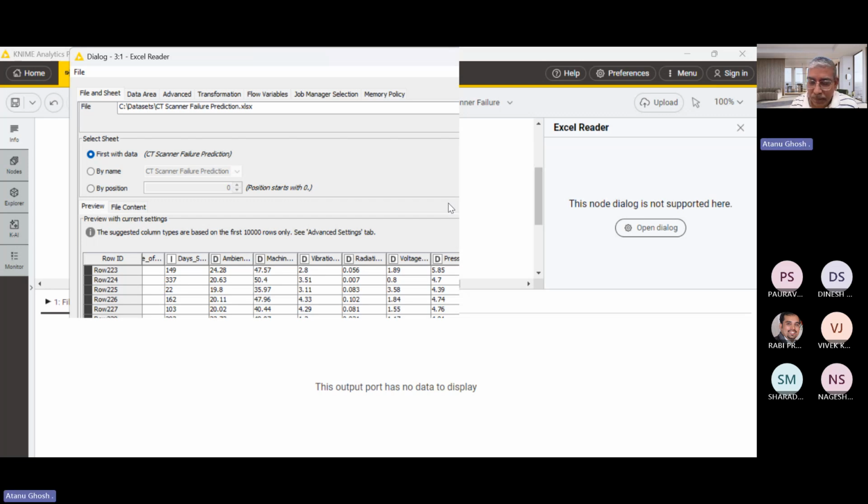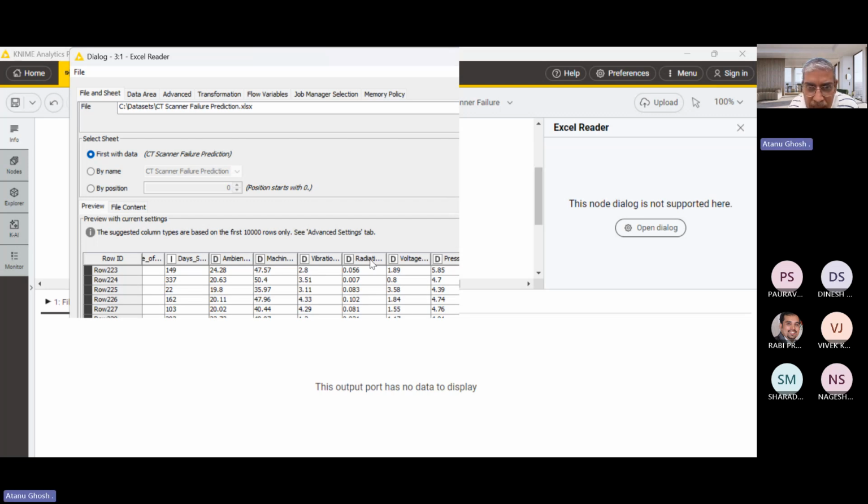There can be three things. One thing is that the domain expert says that, yes, I know radiation leakage determines whether the machine is going to fail or not. But I know exactly that if the radiation leakage, whatever the unit of measure is, let's say it's a percentage or something like that, is more than 10%, it will definitely fail.